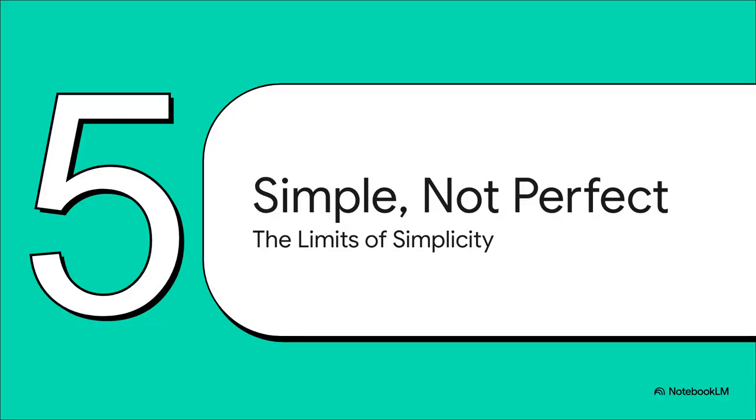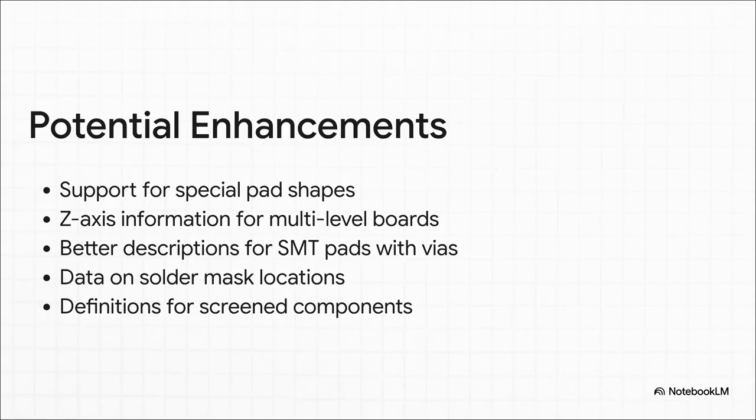Now, as amazing as this format is, we have to be honest. It's not perfect. In fact, its greatest strength, its simplicity, is also its biggest limitation. The author of our source material, Rich Nedball, points out that this rigid 80-column format is pretty ancient and could definitely be improved. For instance, the standard kind of struggles with a lot of modern stuff, like complex pad shapes.